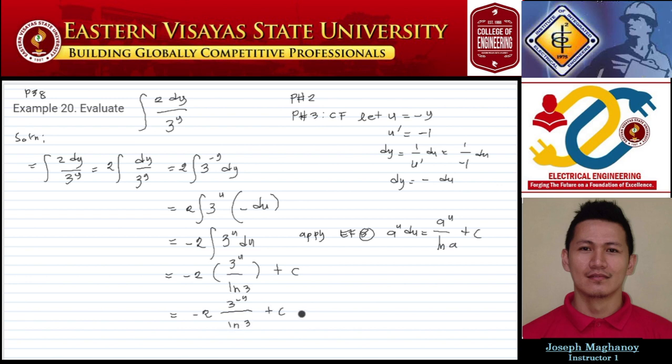And still we can rewrite this. Negative 2, then negative y we make it positive, 1 over 3 raised to y, then ln of 3 plus c.